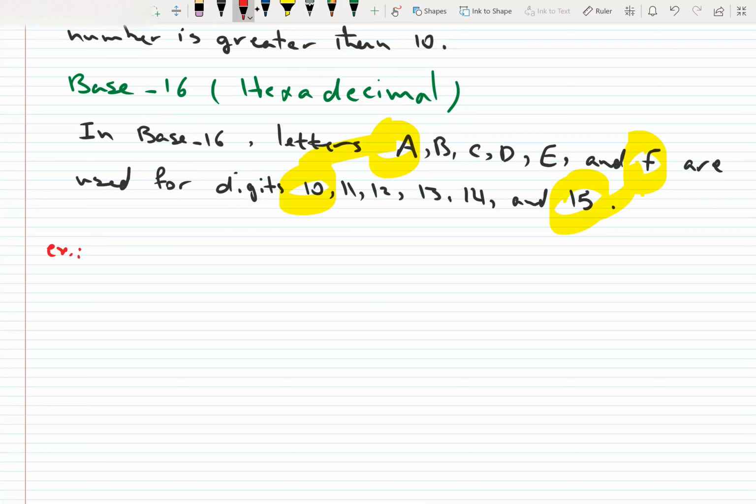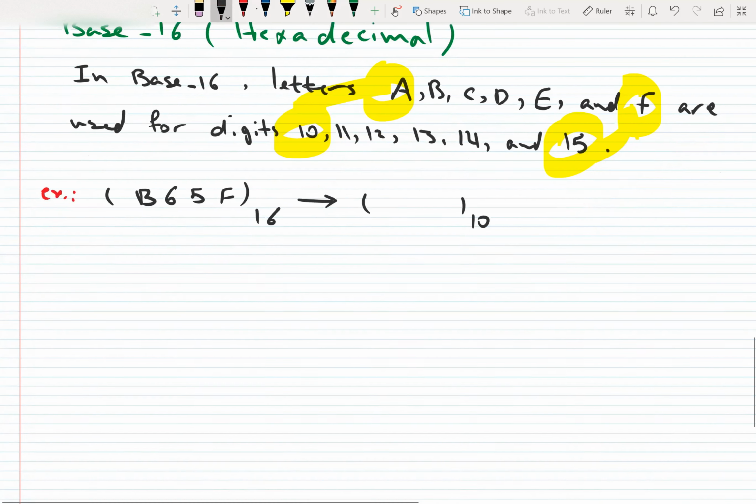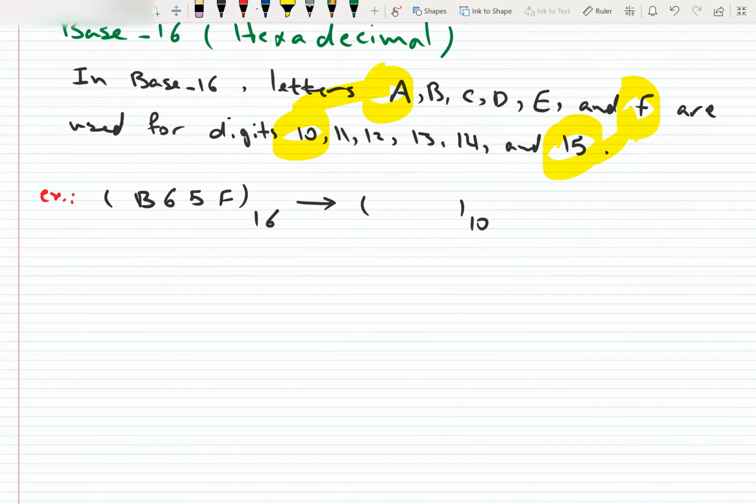Here is an example. In base 16, we have this number B65F, and we want to convert it to base 10. B is representing 11.